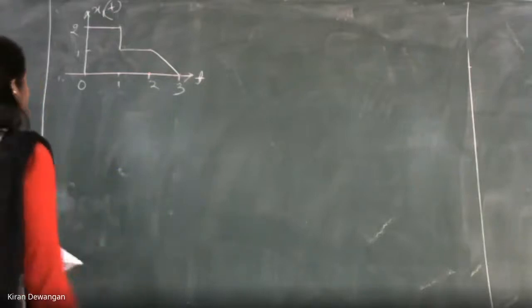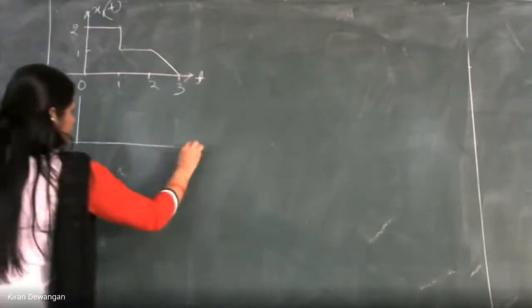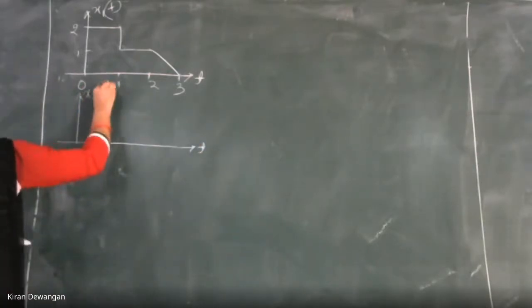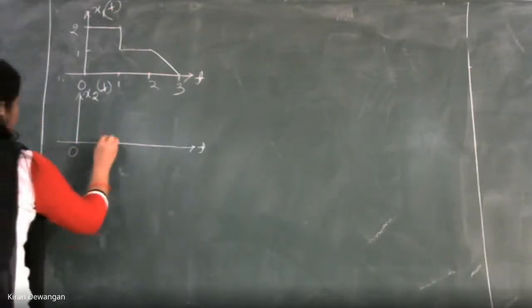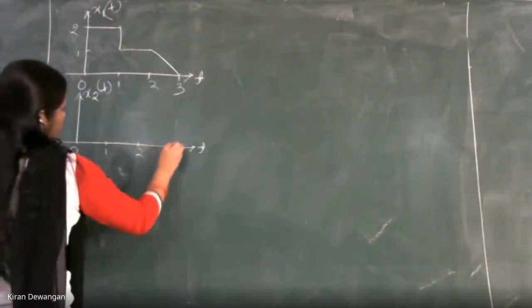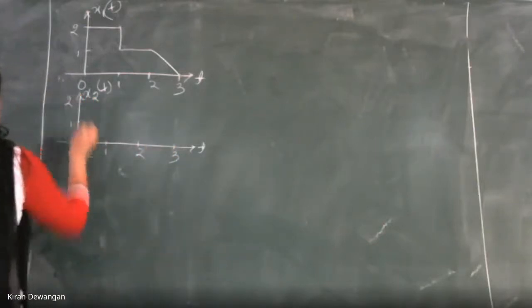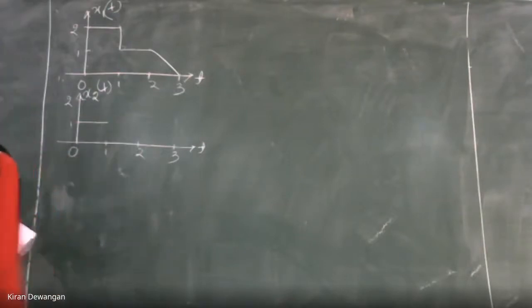This is x1t. Now the second signal, x2t, 0, 1, 2, 3. This value is 1 and this value is 2. It is a constant value 1.